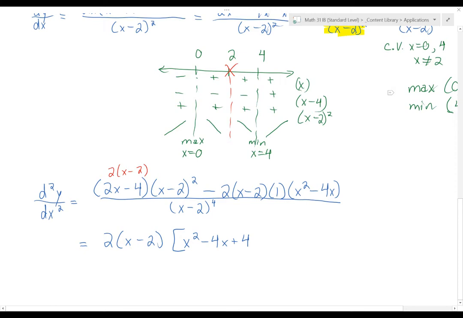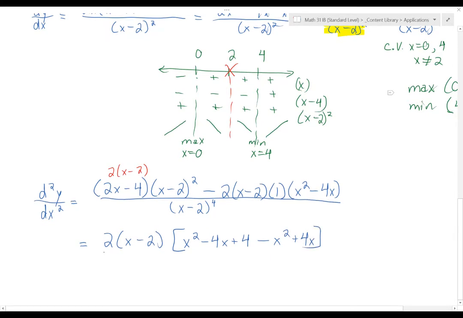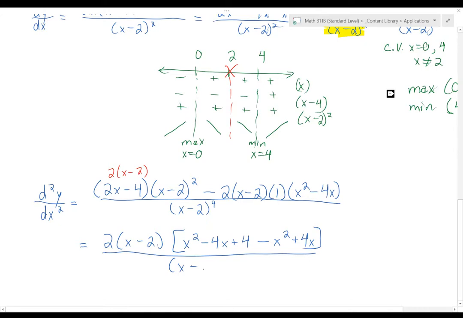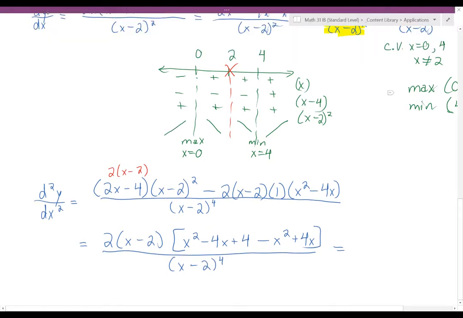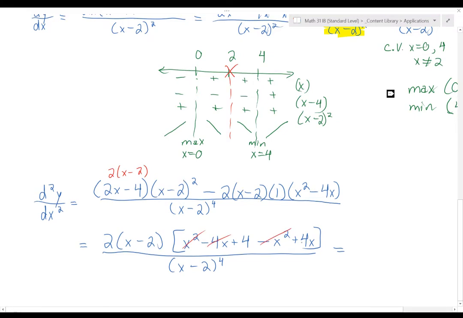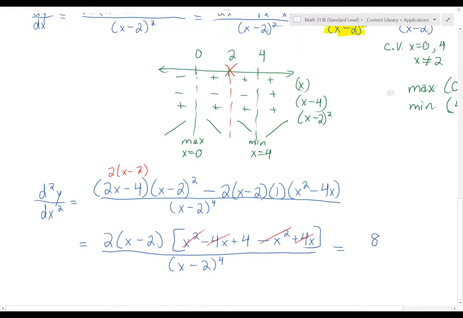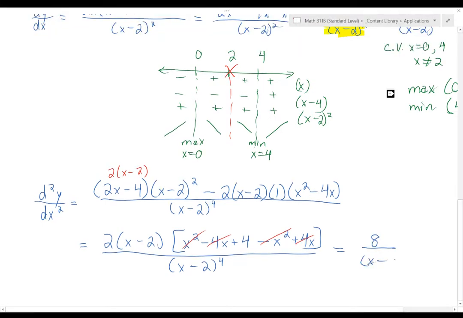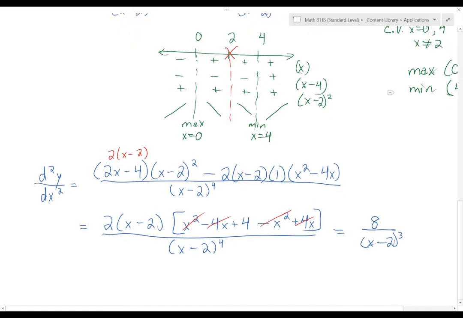What is left of the second term is the x squared minus 4x, but that was minus, so it becomes minus x squared plus 4x, which is all over (x minus 2) to the power 4. So the stuff inside the square brackets simplifies pretty nicely just to 4. So I've got 4 times 2 in the numerator, which is 8, and over (x minus 2) cubed. So this derivative has no zeros, and the only critical value is the non-permissible value. So x cannot equal 2.